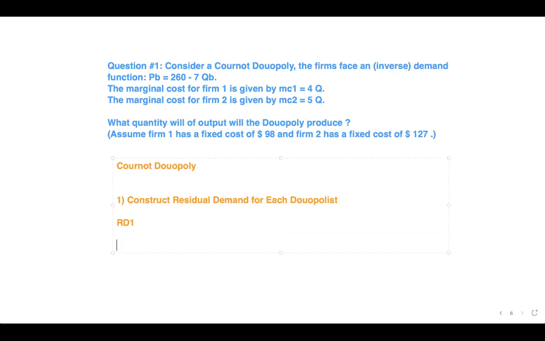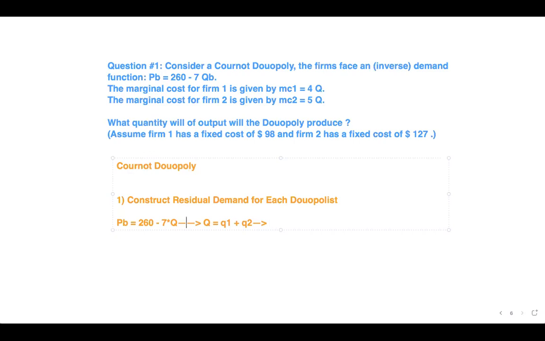Now, I'll just talk about residual demand in general. So you have your initial demand curve. In this case, we have PB equals 260 minus 7 times cap Q. But you should remember that cap Q is equal to Q1 plus Q2, and then do that substitution immediately.